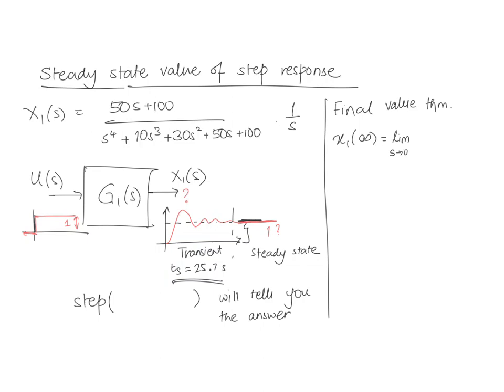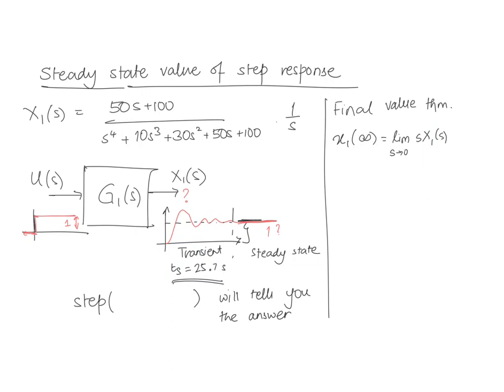So there is something in the frequency domain that we can calculate to figure out the steady state time domain value. This is s times x1 of s. Evaluate the limit as s tends to 0 of s times x1 of s, and you get the steady state value. In this case it's particularly easy, right?